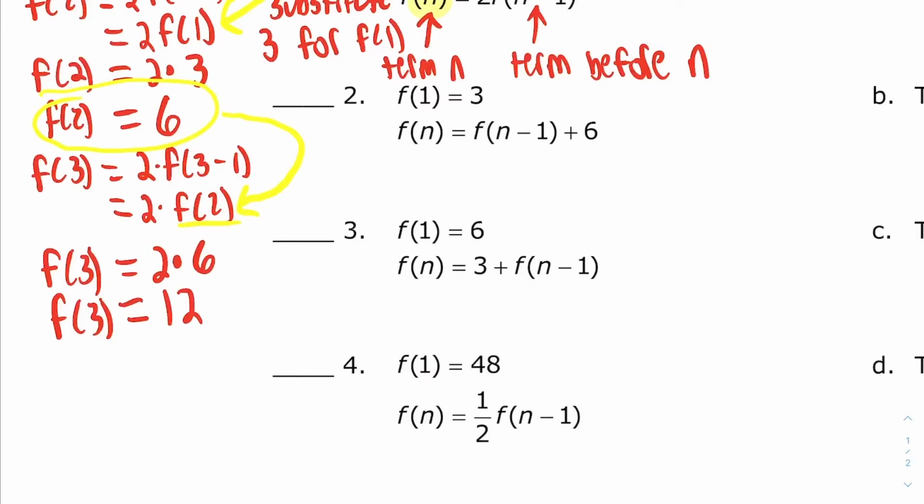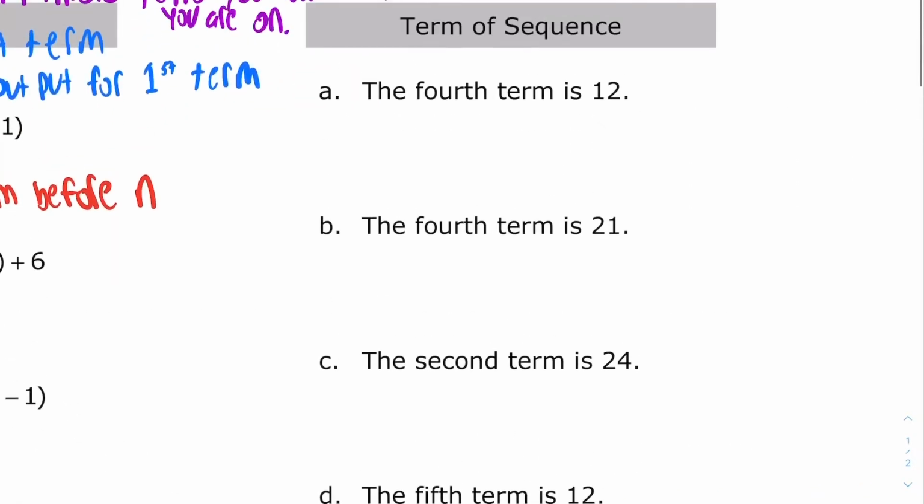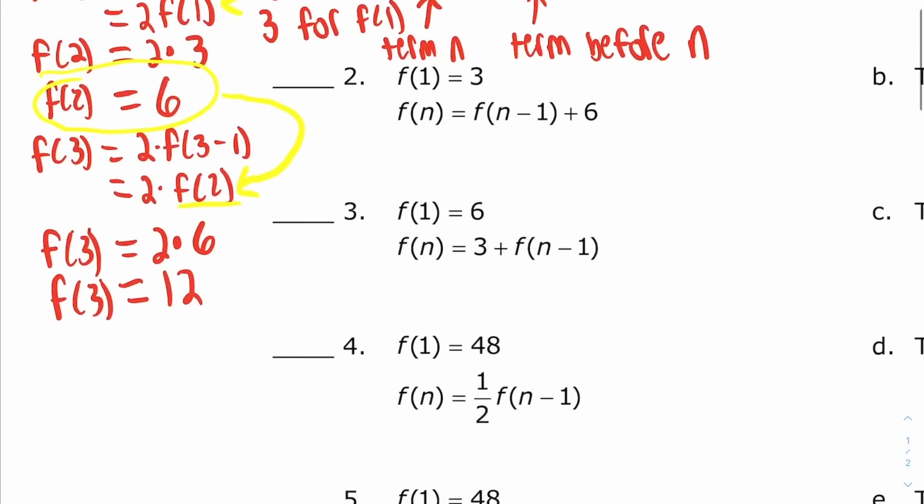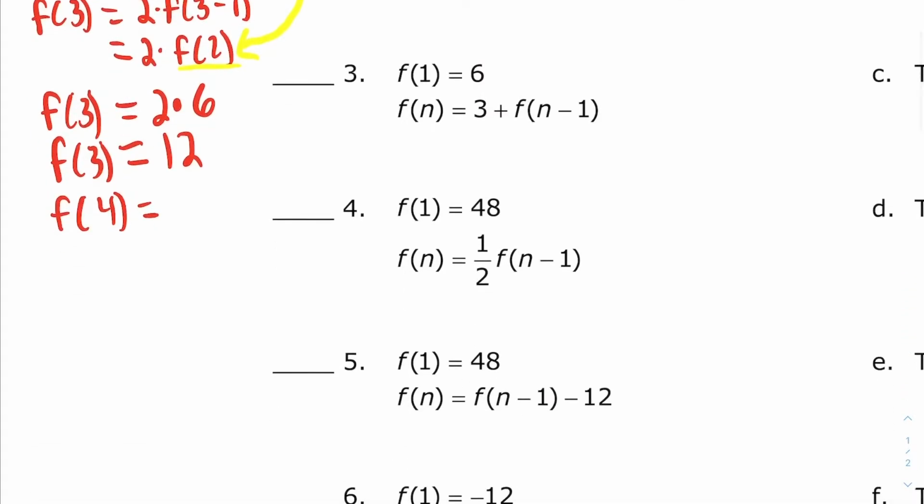I think we need to go farther though, because most of these on the right, they're talking about the 4th and the 5th term. f4 will equal 2 times f4 minus 1, which means f4 depends on f3.